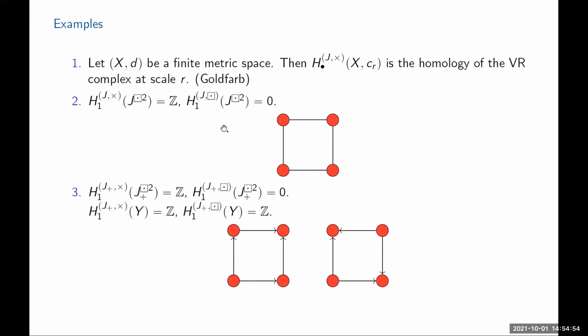And then I argued before, in one of the examples, that this space here is contractible with respect to this homotopy theory, so this should be 0. The third item is just the directed analog of that above picture. I'm just replacing J by J plus, so I would just put directed edges here instead, and you would get the same statements.